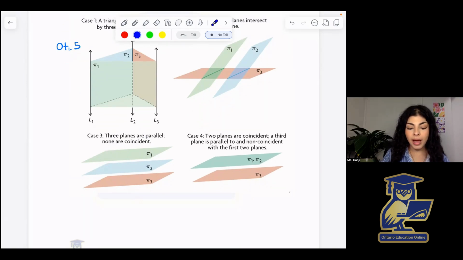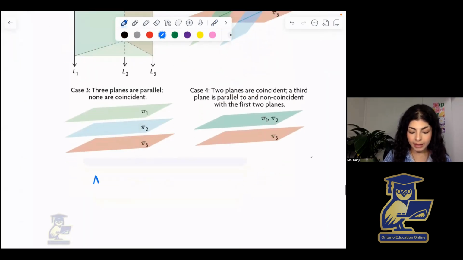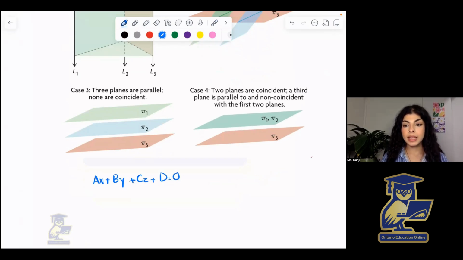Coincident, remember, if you have Ax plus By plus Cz plus D equals 0, then any plane that is coincident will be a scalar multiple of this whole equation. Whereas with three parallel and non-coincident planes, these D values are going to be different.